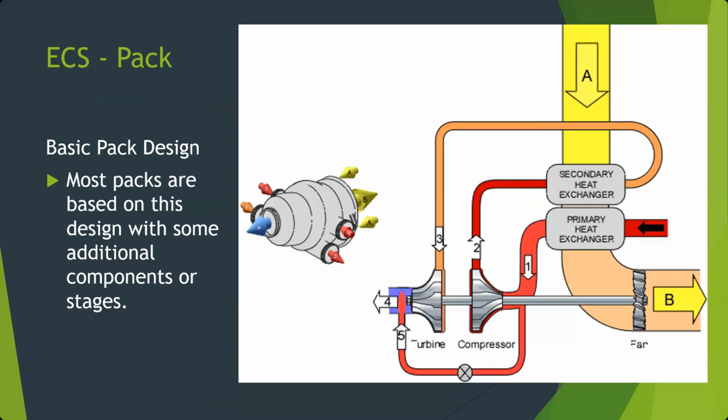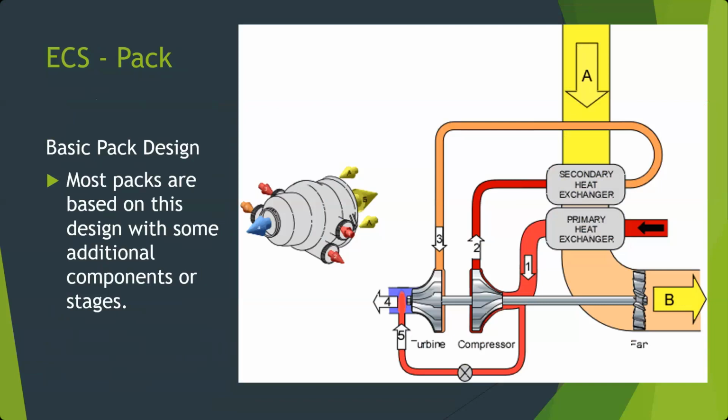And that then goes through a secondary heat exchanger, which cools it down again. And again, some of that overboard air is picking up heat to be dumped overboard. It comes out of that heat exchanger cooler, still fairly warm, but cooler than it was at 2. And then it goes into the turbine where it expands, where the pressure is allowed to drop, and it drops significantly.